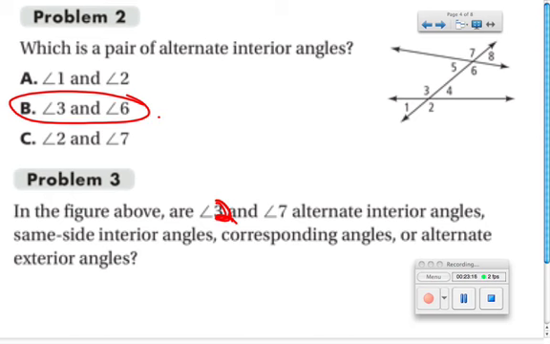So again, I know some of you see things really, really quickly. Give your neighbors a chance to notice it also. Okay, I'll take the hands now. Nicole. Alternate exterior angles. They are alternate exterior angles, yes.